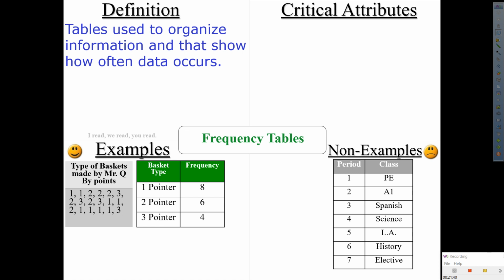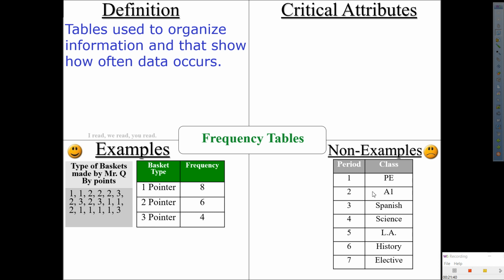Elia's got it. George's got it. Kristen's got it. Let's see, Noel, why is that one not a one-way frequency table? Because it's categorical and it doesn't show what? It doesn't show frequency. Notice this one says frequency. This one does not have a frequency.